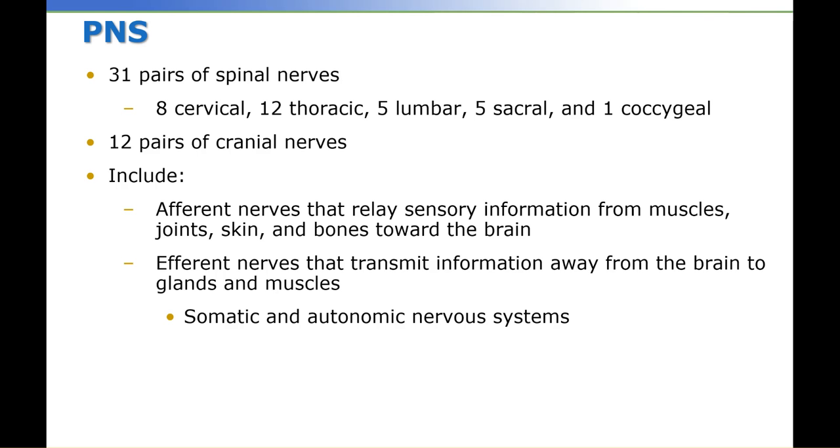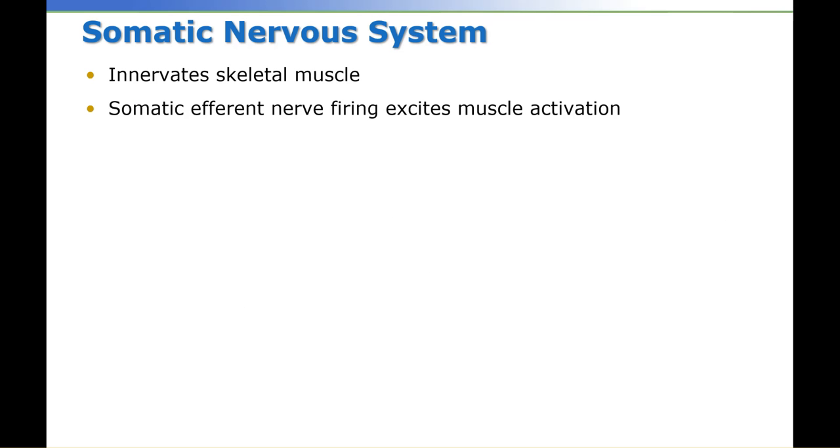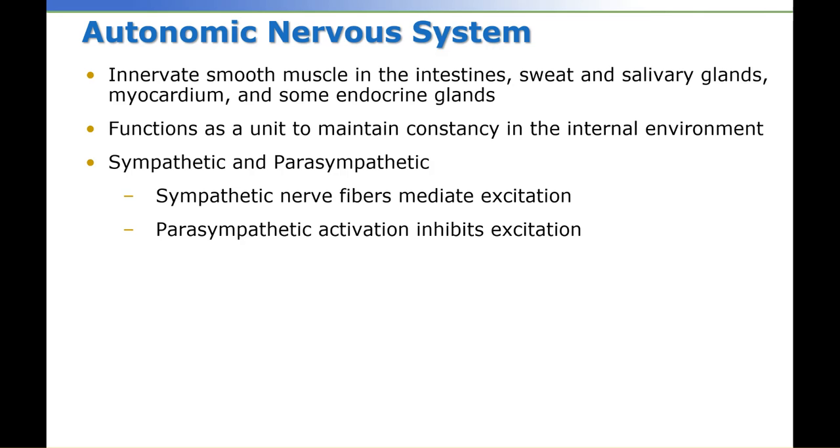Okay, you have somatic and autonomic nervous systems. The somatic nervous system innervates skeletal muscle. Somatic efferent nerve firing excites muscle activation. And you have the autonomic nervous system, which innervates smooth muscles in the intestines, sweat and salivary glands, myocardium, and sebaceous glands. It functions as a unit to maintain consistency in the internal environment.